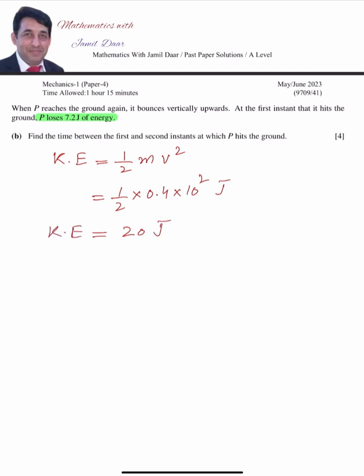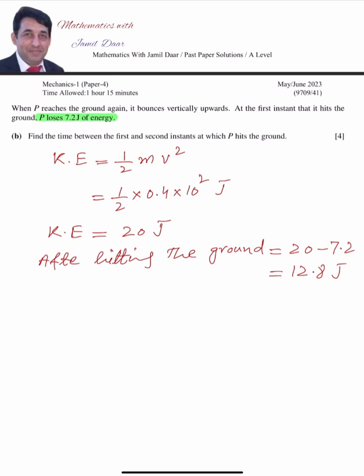After hitting the ground, it loses 7.2 joules. So that will become 20 minus 7.2. So that is 12.8 joules left.